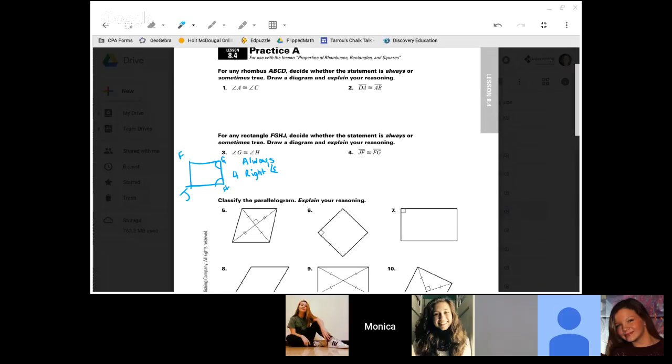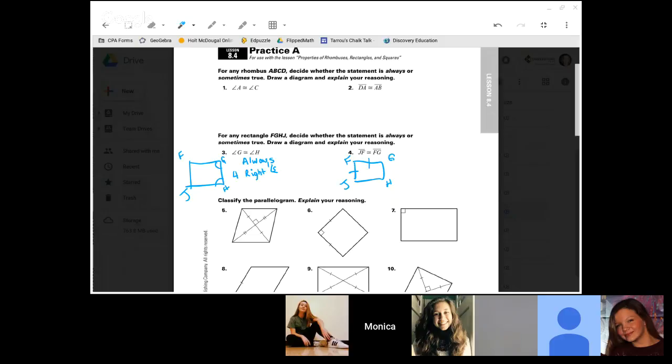Okay, so then for number 4, you're going to do the same thing. You can draw your rectangle, okay? And remember, it's F, G, H, J. And it tells you that JF is congruent to FG. So here's JF and here's FG.